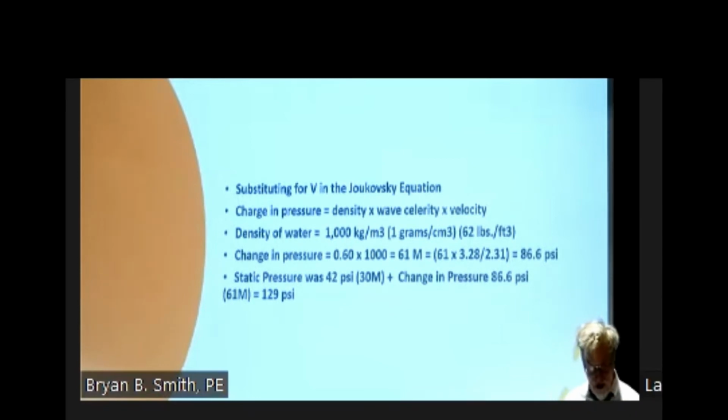I'm adding in my operating pressure, which is only 42 PSI, gravitational acceleration, and I come out with the pressure going from 42 PSI to 129 PSI when I closed that valve in 20 seconds. So mathematically, using Joukowski's equation, we can do some rough calculations. This is great if you're just looking at, say, a pump control valve, or you are in the field. I want to close this valve.